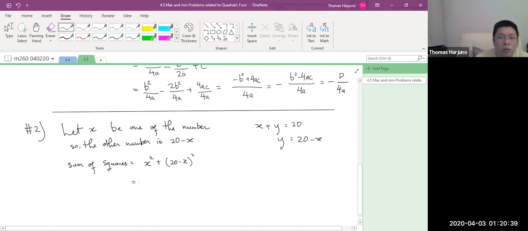Okay, so this is x squared plus 400 minus 40x plus x squared. That's 2x squared minus 40x plus 400.